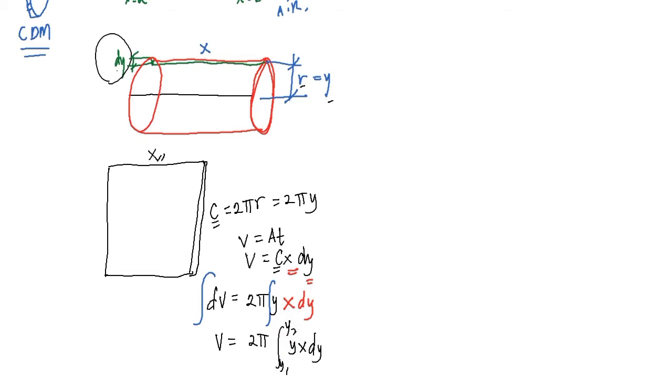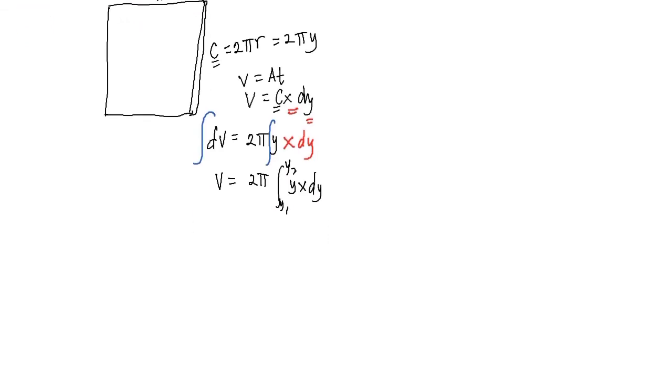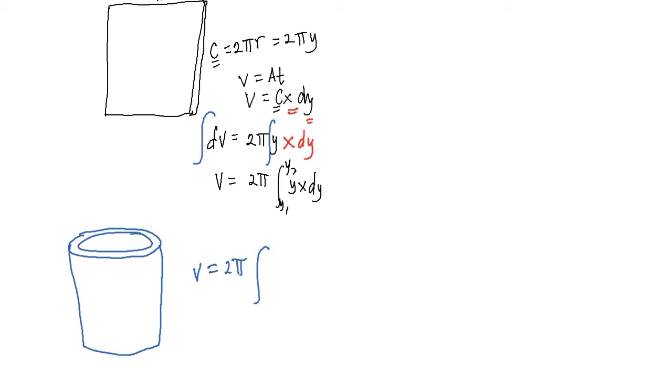In similar manner, kapag yung orientation ng cylindrical shell natin is like this, ganito yung magiging orientation ng cylindrical shell. Our volume for this is equal to 2 pi integral of, since ang radius naman natin dito will be in terms of x, and the length here will be the y.